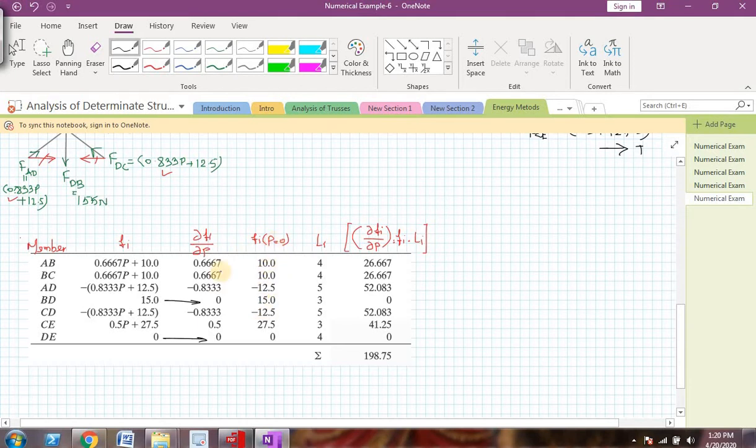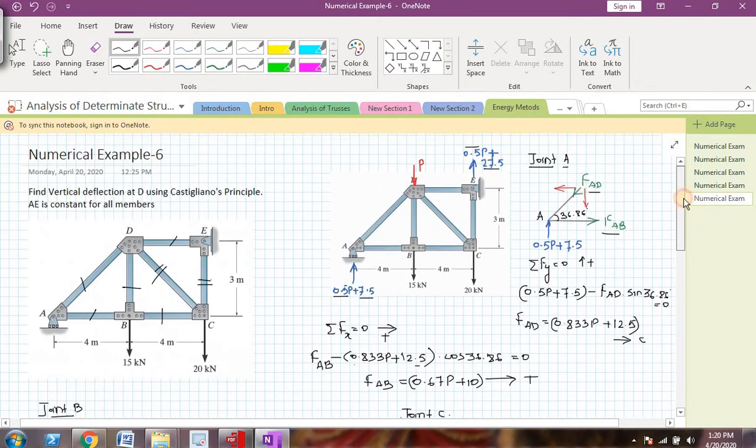This column represents the partial differentiation of Fi with respect to P. Now when I come to this column, you should observe carefully. This Fi is when P equal to 0. Why I am putting P equal to 0 here is, in the original structure we were actually finding the vertical deflection at D. So I applied a point load of P at D. But in the original structure there was no other force at D in the direction of P. Let me repeat once again.